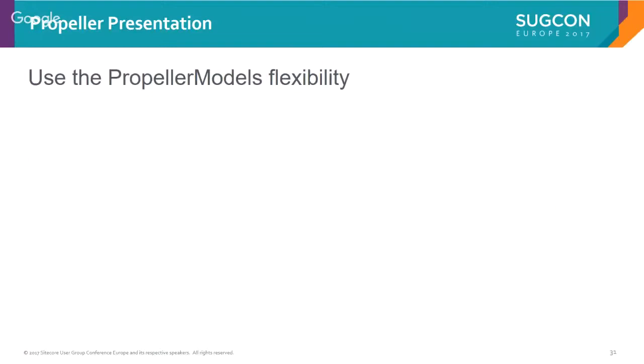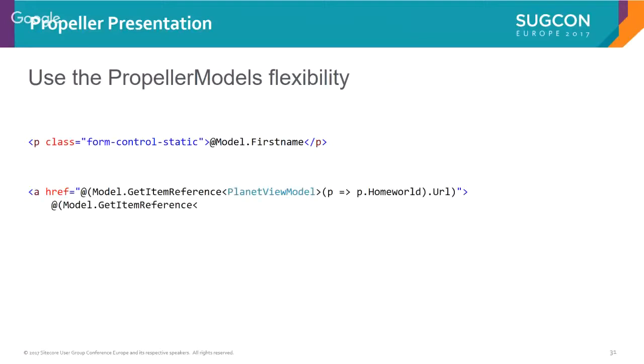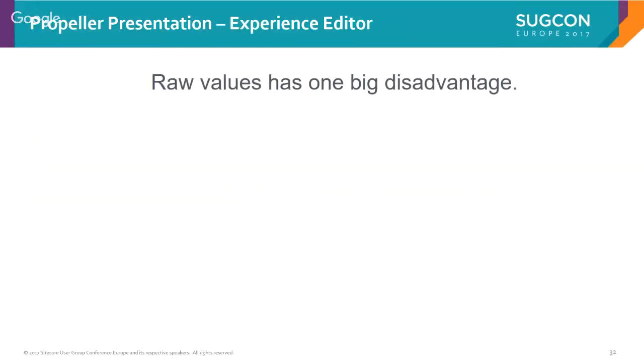With the view model, we can leverage the flexibility of the Propeller model, and we can do fine-grained rendering, where we can just take the data that we've already seen and put it in HTML. That way we can pretty much make whatever rendering we want, and especially the front-enders are very happy for this, because it gives them the freedom of control that they want.